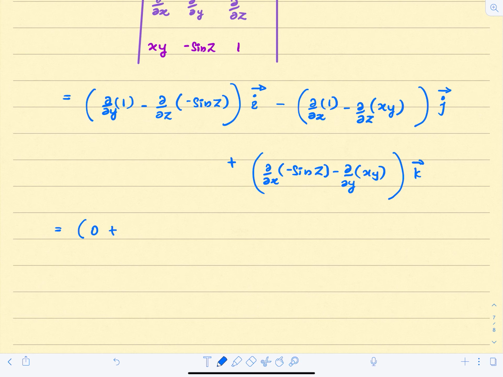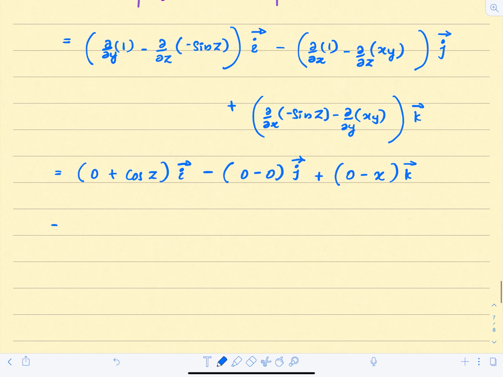The derivative of sin z with respect to the z variable is cosine z. Minus, the first one is 0, minus the derivative of xy with respect to the z variable is 0, plus the derivative of minus sin z with respect to the x variable is 0, minus the derivative of xy with respect to the y variable is x, times k.